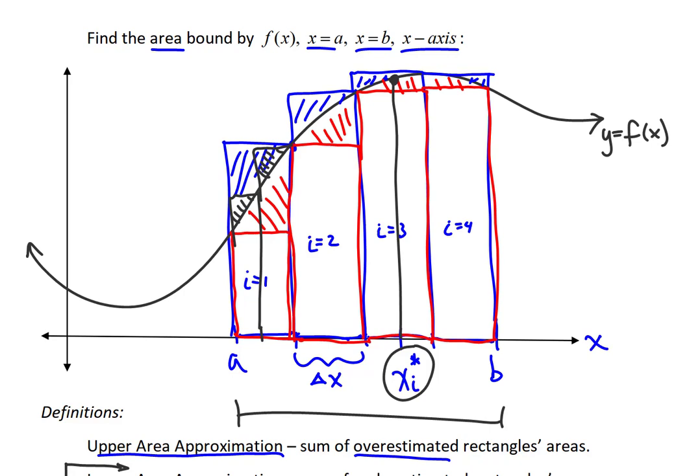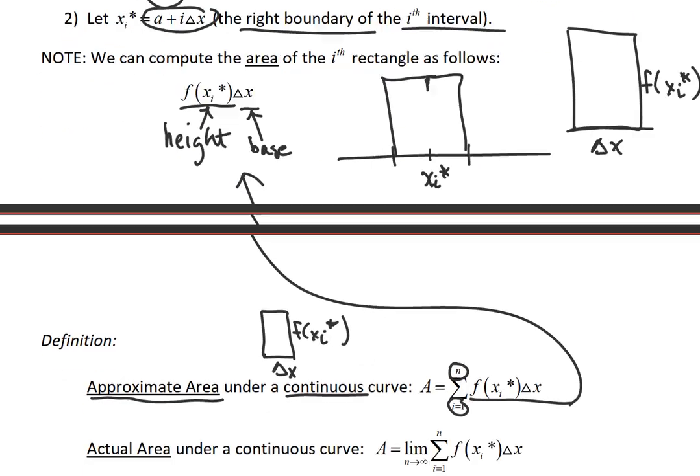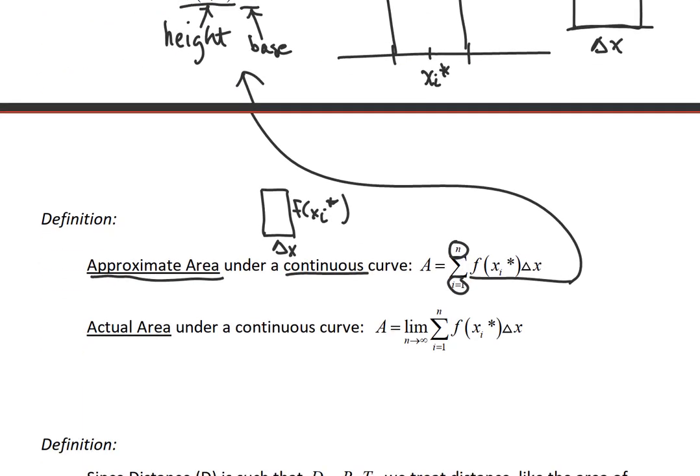But the point is, if I were to add the area of, let's say, all the red rectangles, which were all underestimates, or all the blue rectangles, which were all overestimates, that would be my approximation of the area under the curve in that region. Now, the actual area could be found.